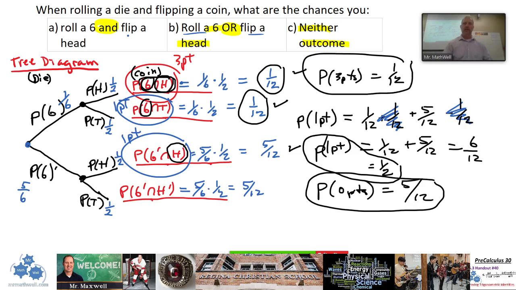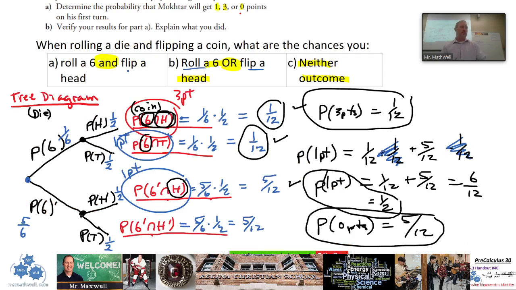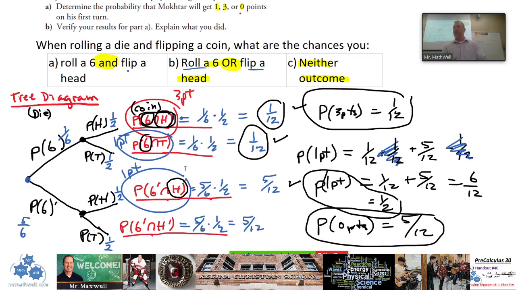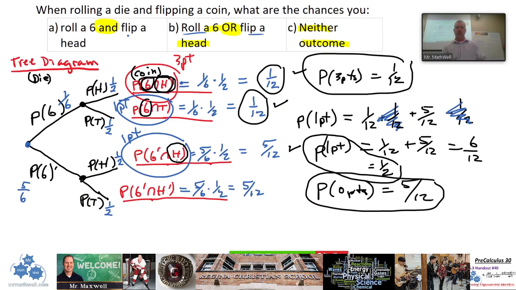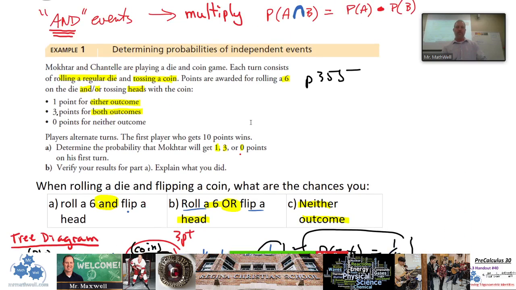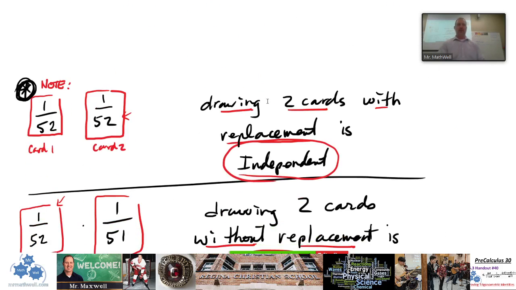Now you can kind of see how drawing a tree diagram, to be able to see this all in one spot in one diagram, is going to be helpful. Because for you to remember all of these numbers and which ones you've already counted, it's going to be tricky. So I would strongly encourage a tree diagram there. Okay? So and is multiply, or is add.